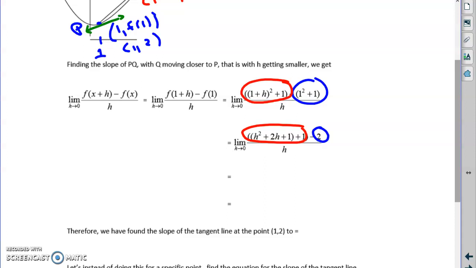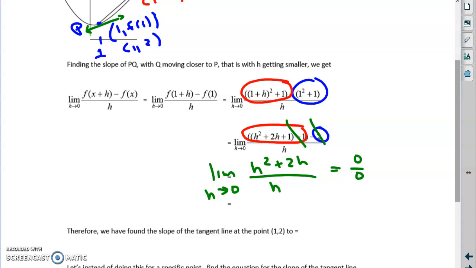So what do I have? 1 plus 1 is 2. Minus the 2 cancel. And I'm left with h squared plus 2h over h, the limit as h approaches 0. And we know we always try to plug in, but if we did, we'd get 0 over 0. Can't do that. So instead we simplify.